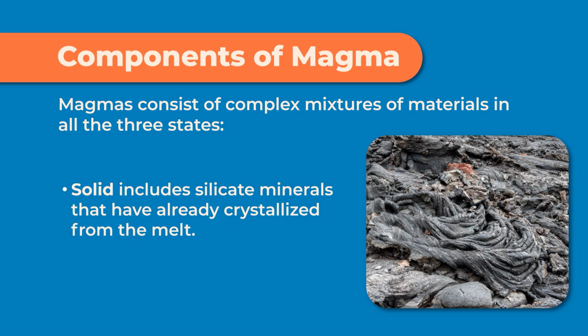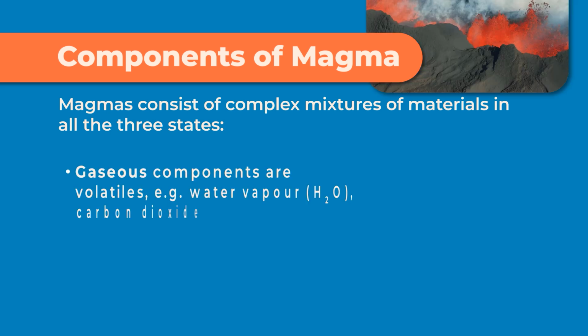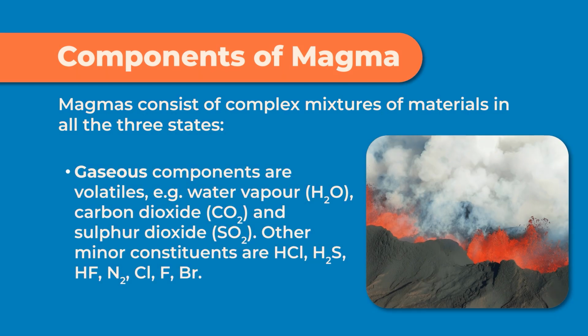Solid includes silicate minerals that have already crystallized from the melt, and the gaseous component comprises volatiles like water vapor, carbon dioxide, sulfur dioxide and other minor constituents like HCl, H2S, HF, nitrogen, chlorine, fluorine and bromine.